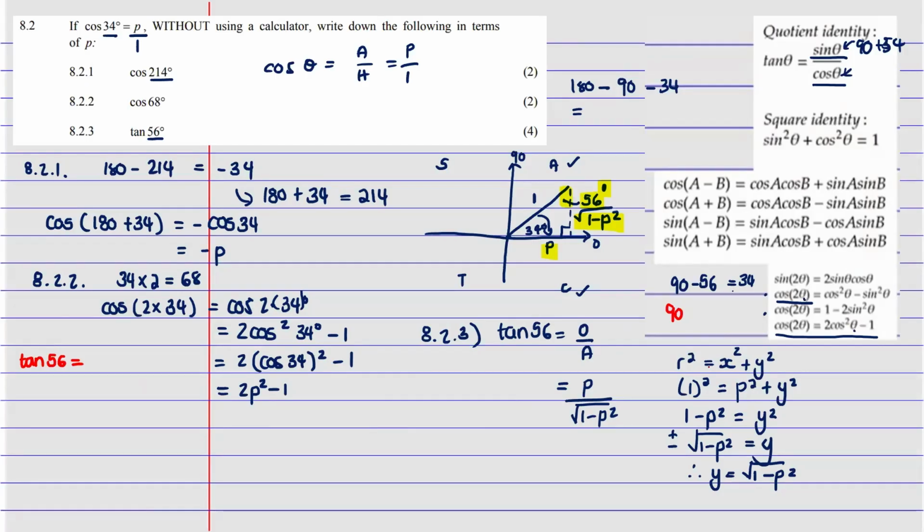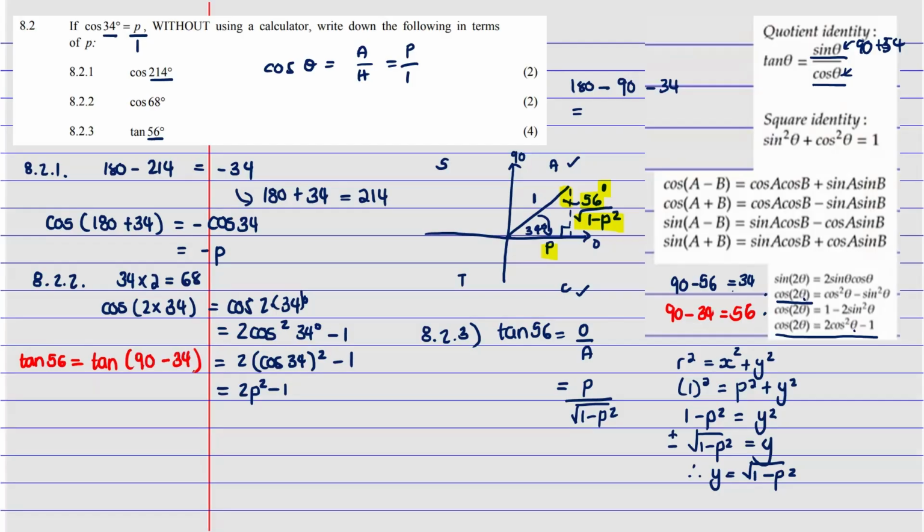So now, because I want 56, if I say 90 minus 34, I'm going to get 56. So do you agree that this can be changed into 90 minus 34, which is equal to 56? Does that make sense? So this is going to be changed to 90 minus 34.